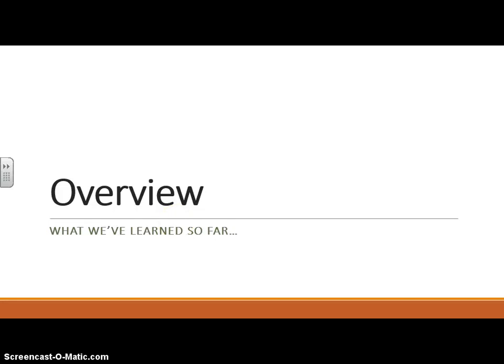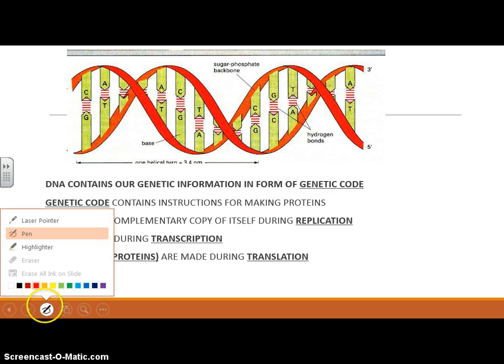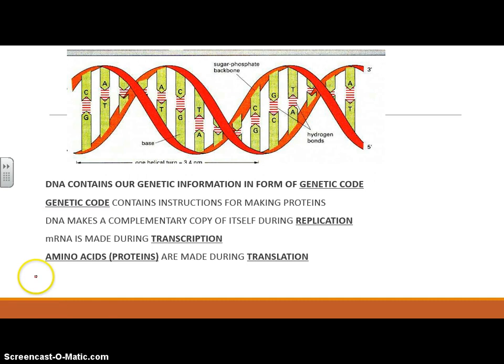Okay, so let's talk about what we've learned so far about DNA, RNA, and then we'll continue talking about transcription. What we know so far is that DNA is a double helix molecule. That means it's double-stranded.